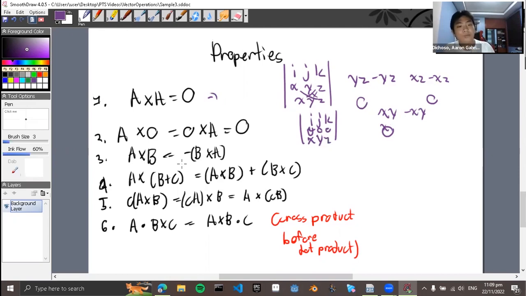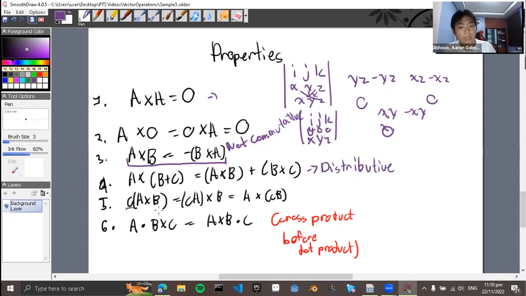And additionally, itong property na yan, we can see here that cross product is not commutative. In fact, A cross B is actually negative of B cross A. However, it is distributive. You can distribute it.